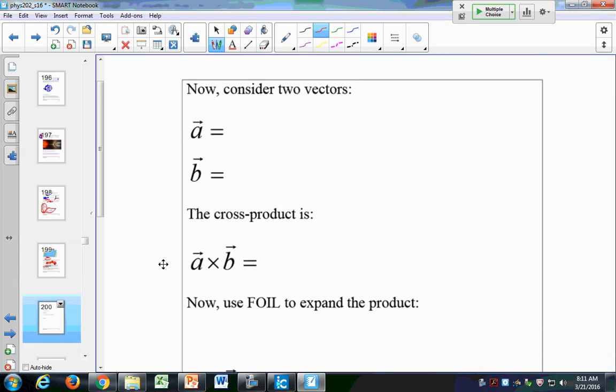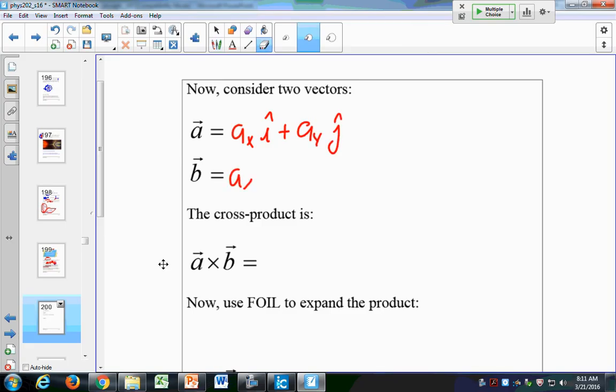Let's just do a quick example. Let's say that I have two vectors, A and B. A is going to be AX i plus AY j. I'm not going to do the k term here, but you can add it in if you like. B is going to be BX i plus BY j.